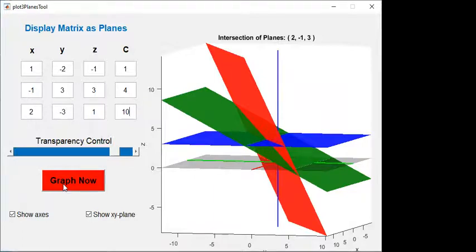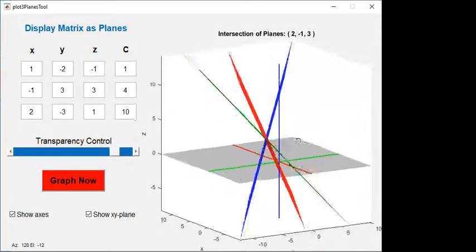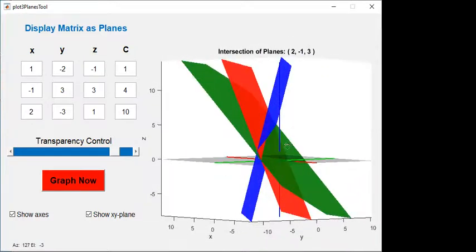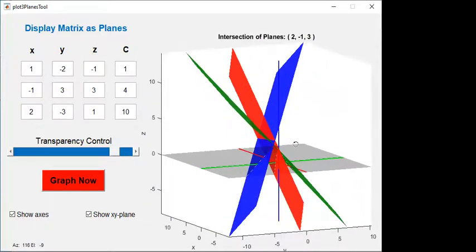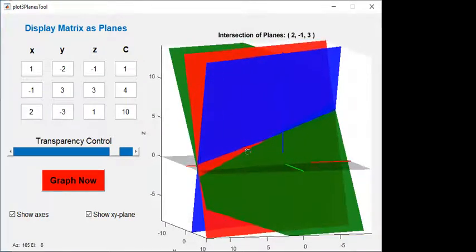If I graph that, you can see all three planes have intersections with all of the axes. None of them are parallel to any one of the axes, but you can see they come together at exactly the same point as before because it was arranged to work that way.